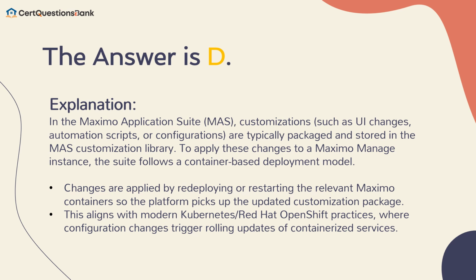Changes are applied by redeploying or restarting the relevant Maximo containers so the platform picks up the updated customization package. This aligns with modern Kubernetes and Red Hat OpenShift practices, where configuration changes trigger rolling updates of containerized services.